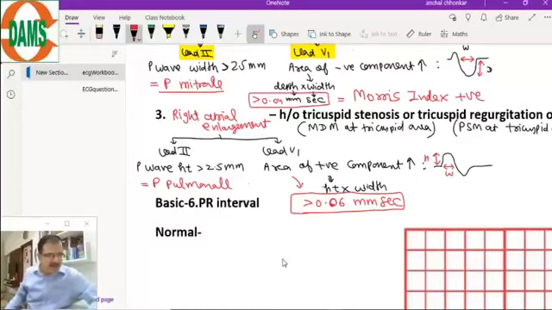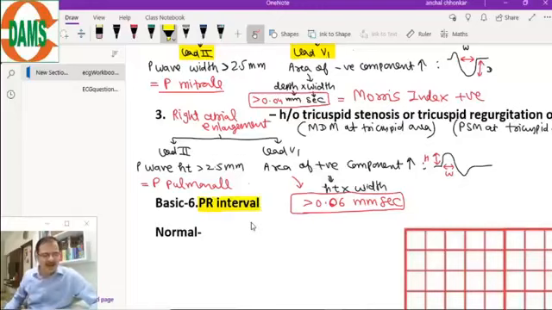Now coming to why the area is positive, because the positive component is determined by right atrial depolarization.